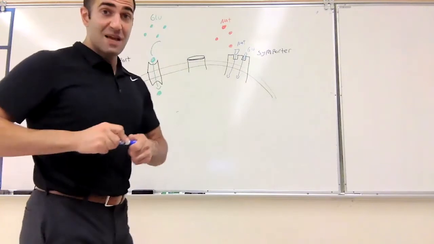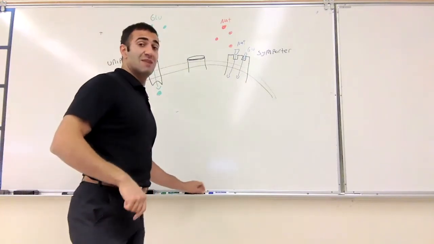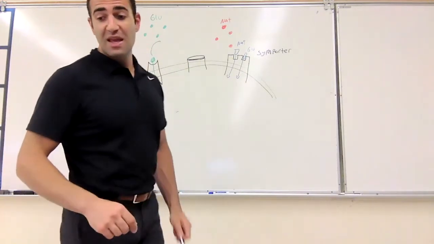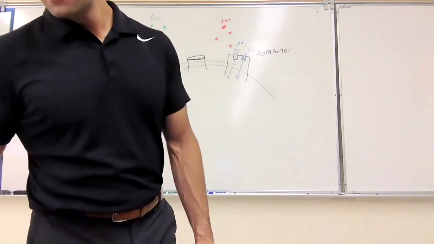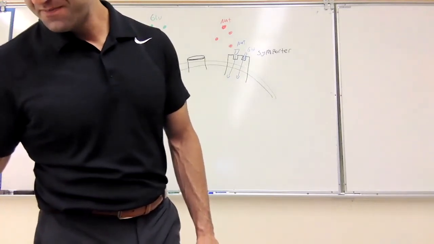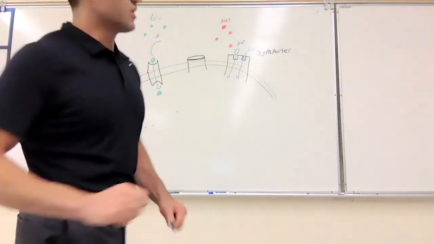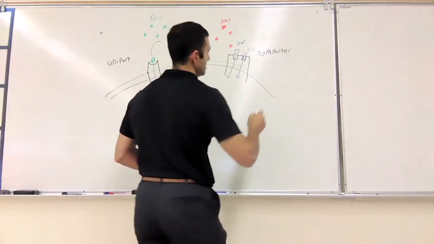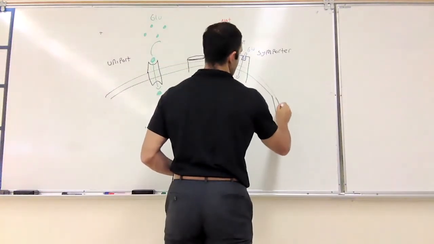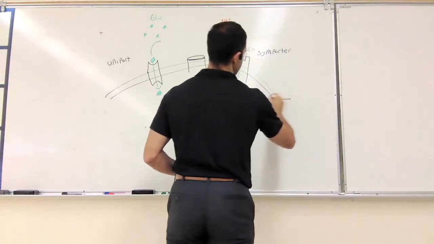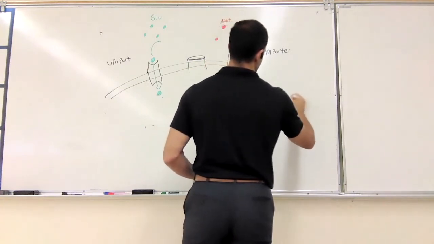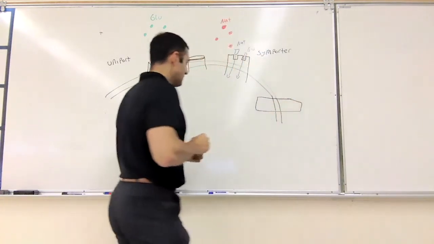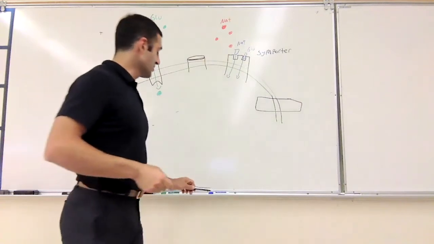Now, another example, which is one of the most important transporters, is called a pump. And we're going to get to this here. I'm not going to talk about these too much right now, but this is a pump. And this is an example of what is called active transport.